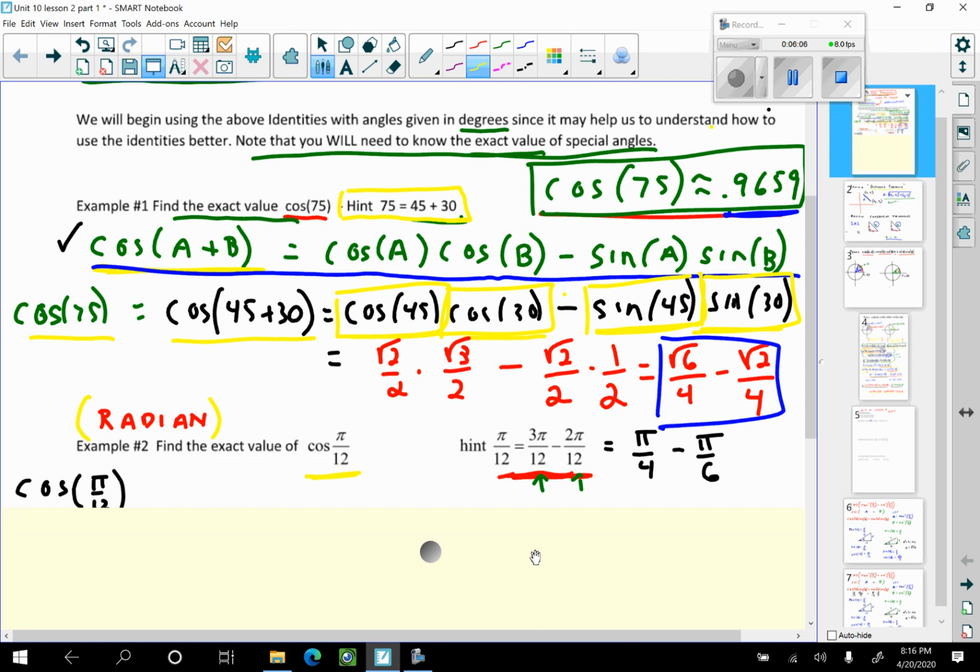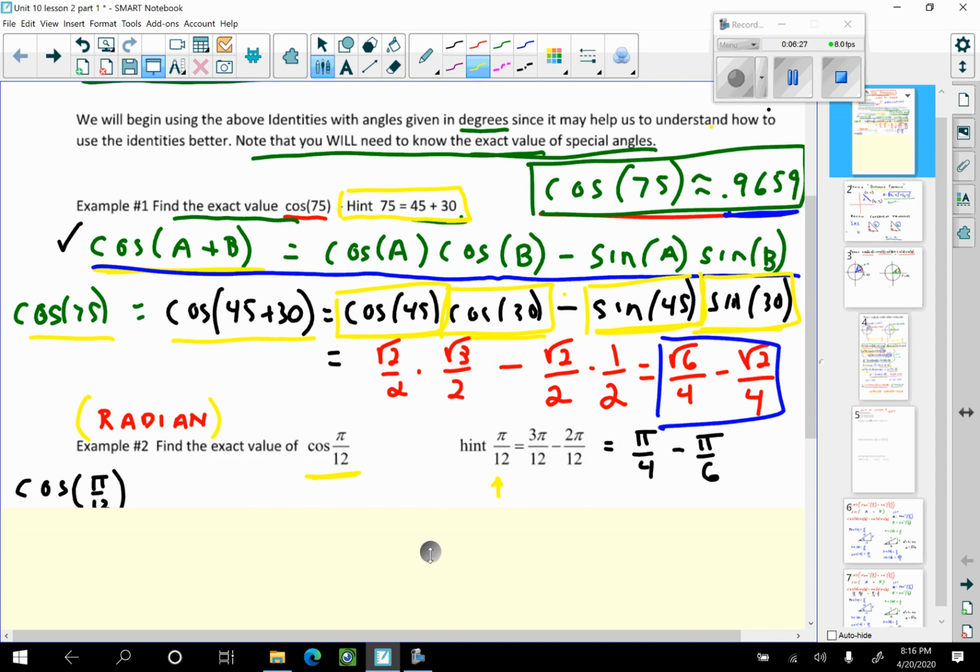Pi over 12, and here comes the trick. This is the trick: using two angles that we know on the unit circle that either add up to the desired angle, which in this case is pi over 12, or subtract.